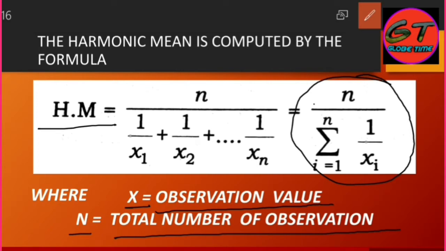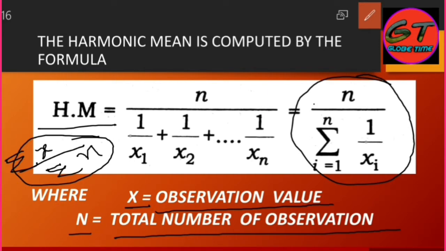We know arithmetic mean equals summation x by n, and harmonic mean equals n by summation 1 by x.